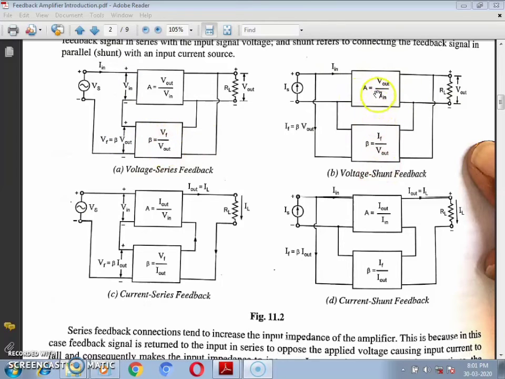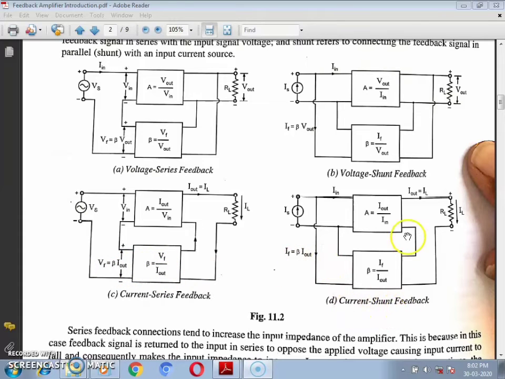For a voltage shunt, the gain is nothing but output over the input Is, and the feedback network has input Vout and output IF. Similarly, for the current series feedback, the input is Vin and the output is a current, so its gain is Iout divided by Vin, and the feedback network has input Iout and output Vf, so it's Vf divided by Iout.